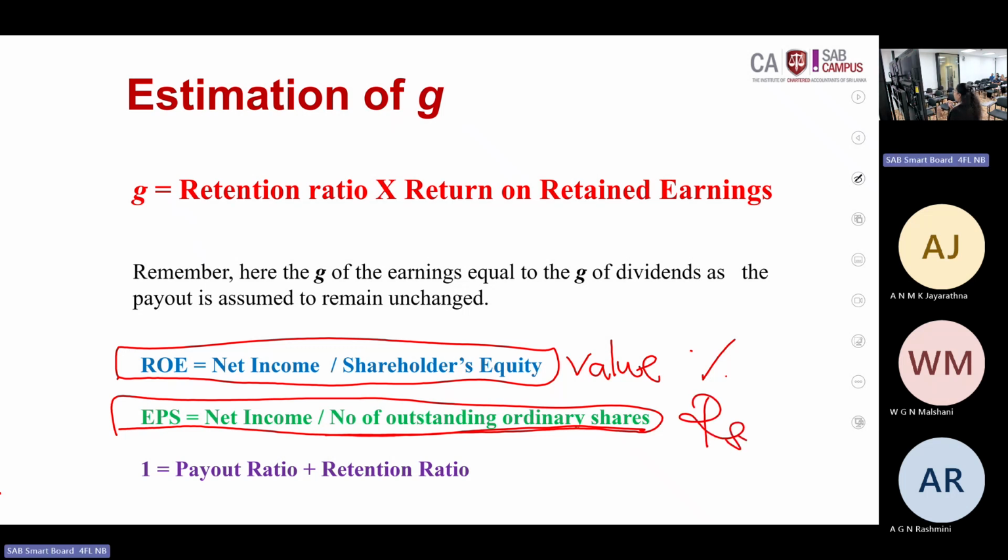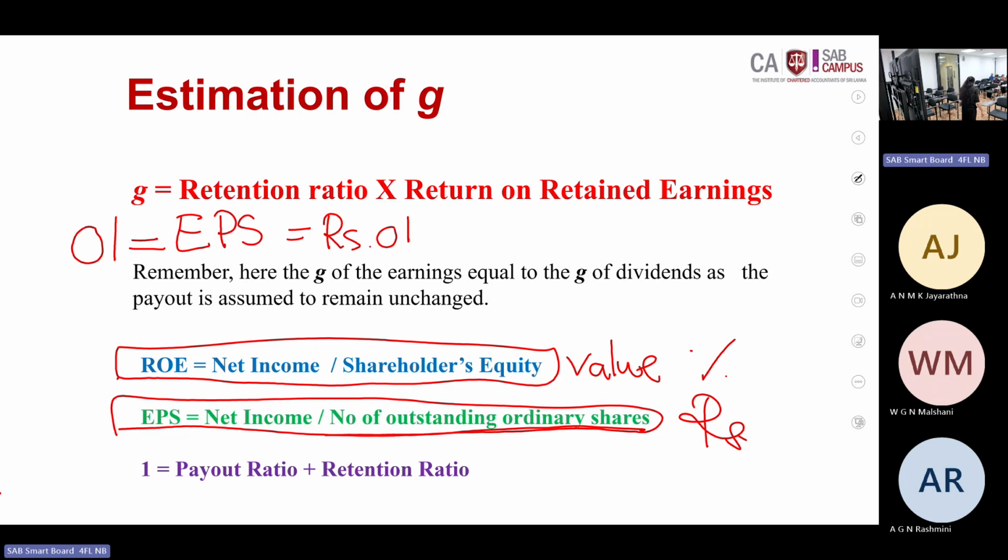Just imagine you have invested in a company, you have purchased a Sampath Bank share. How many shares have you purchased? One share. The earning per share for this one share is 1 rupee. If a company earns 1 rupee, they have alternatives.